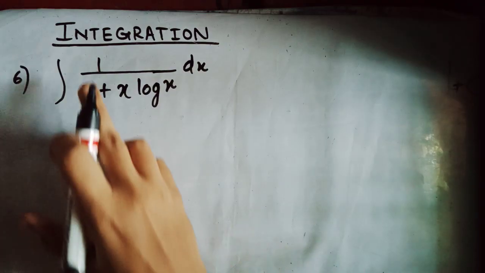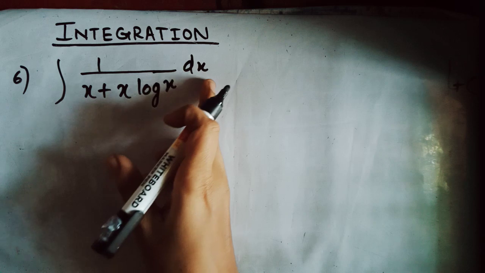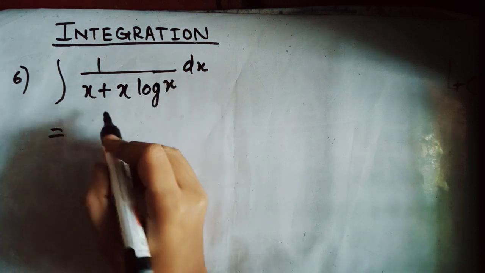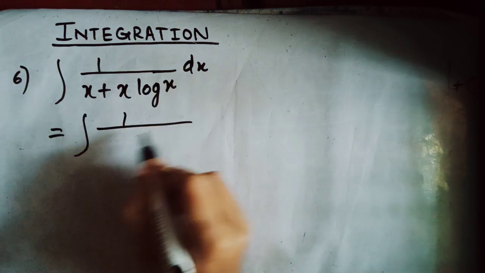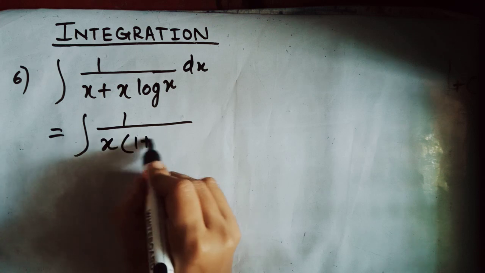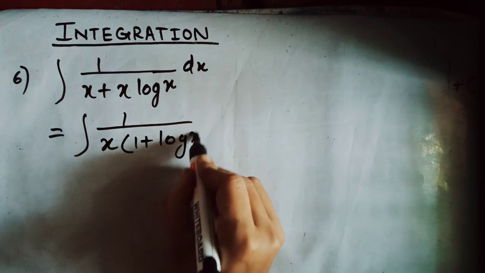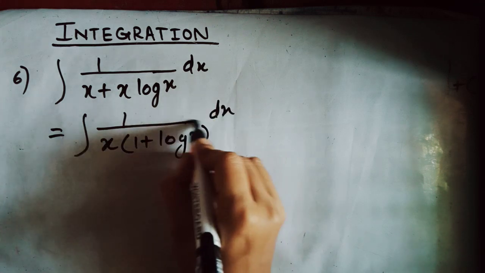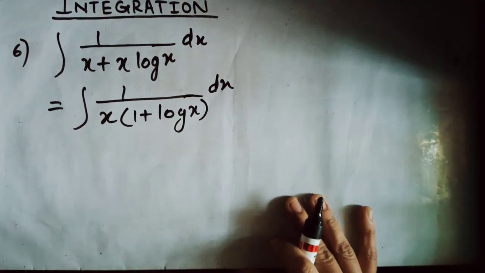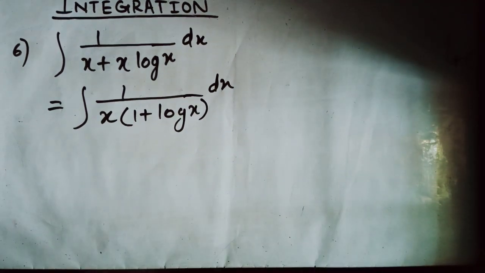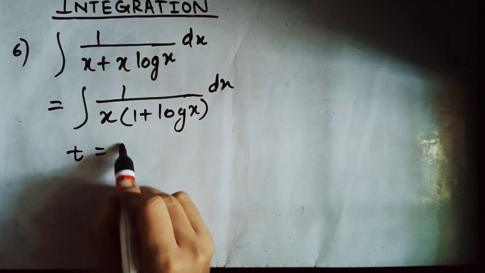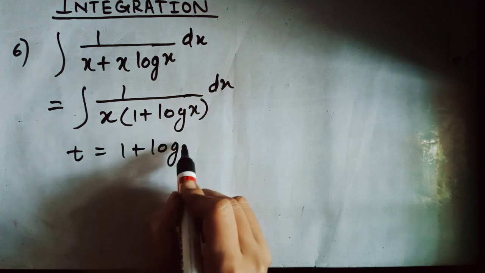So next one is 1 upon x plus x log x dx. So I can take x common in the denominator, right? Can you use substitution here? If I take t as 1 plus log x, what will be dt?